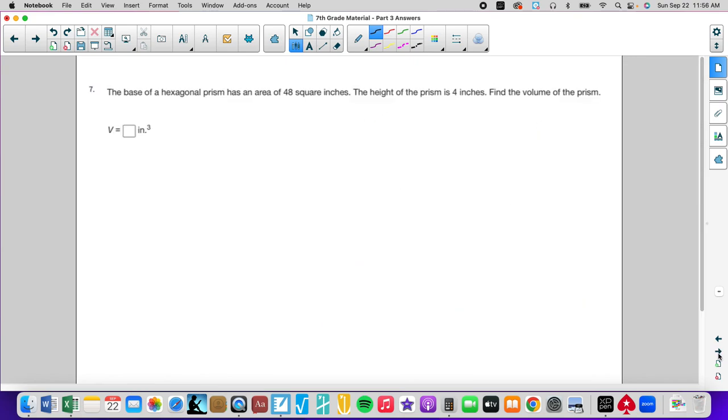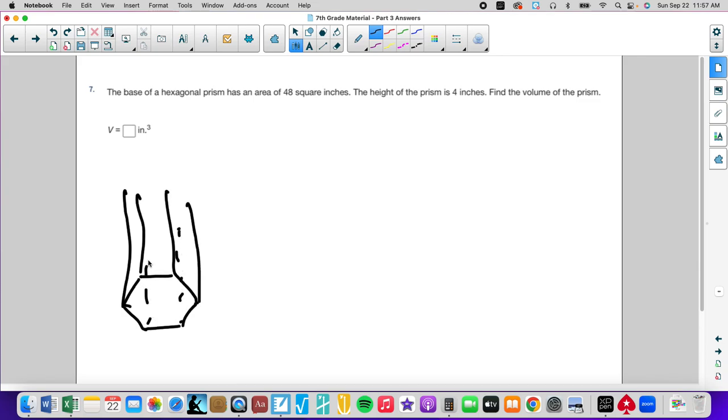Surface area of cylinders. The base of a hexagonal prism, so a hexagon, and prism means that it's going to be two bases. I guess it would look like that.